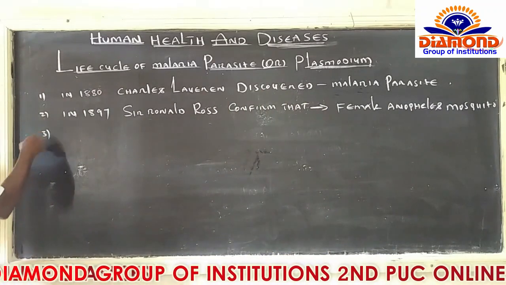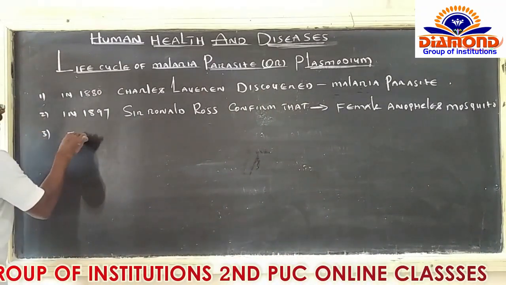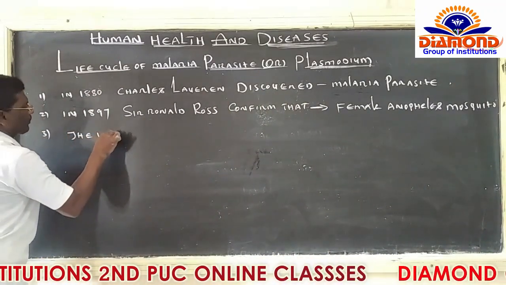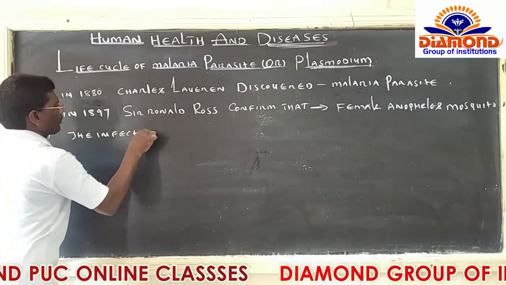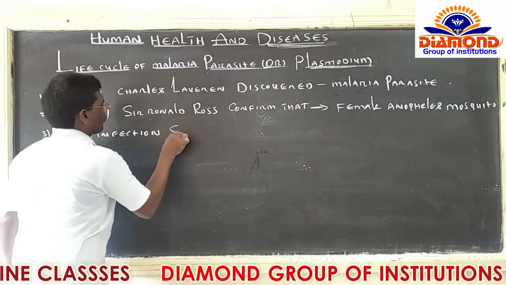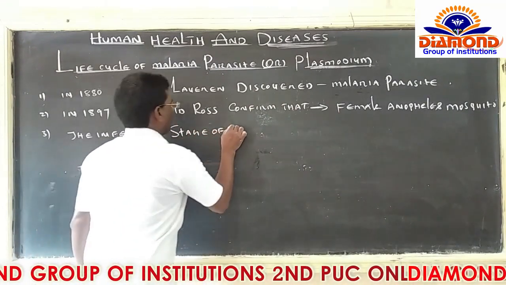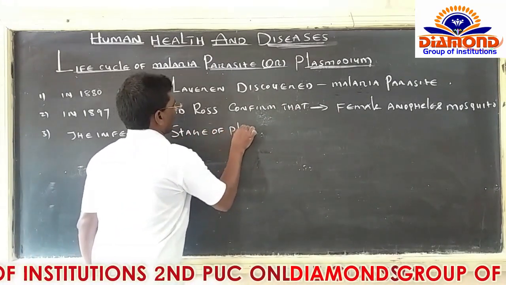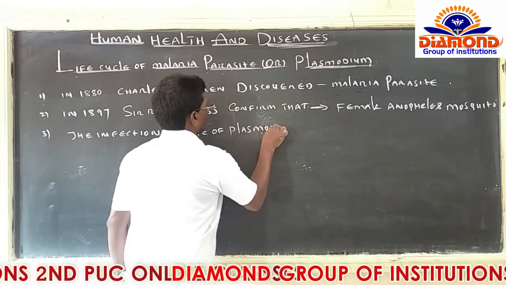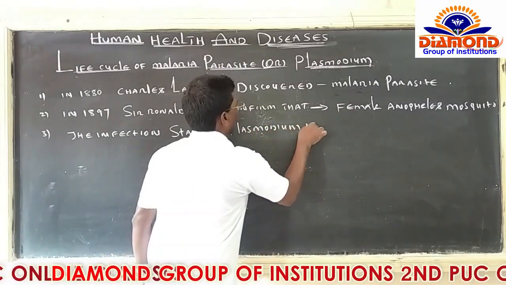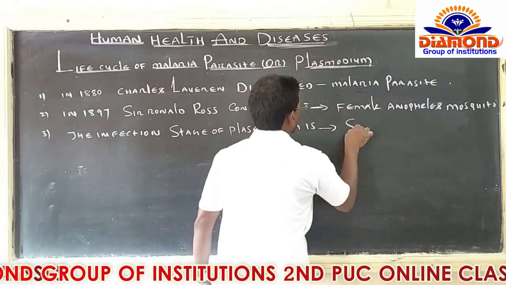And number 3, the infection stage of Plasmodium is called sporozoid.